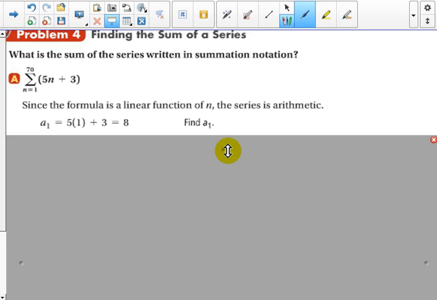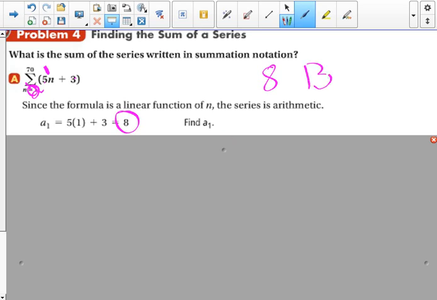So our very first term would be 5 times 1 plus 3, which is equal to 8. Our next term, you let n equal 2, so it would be 5 times 2 plus 3, which would be 13.